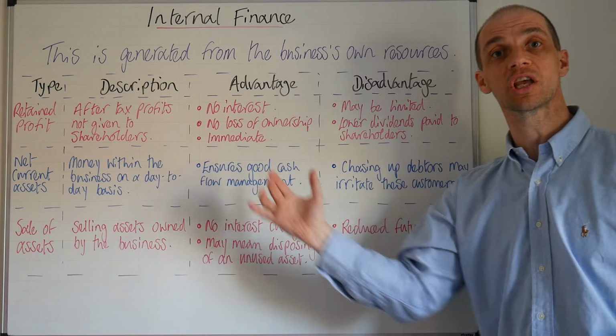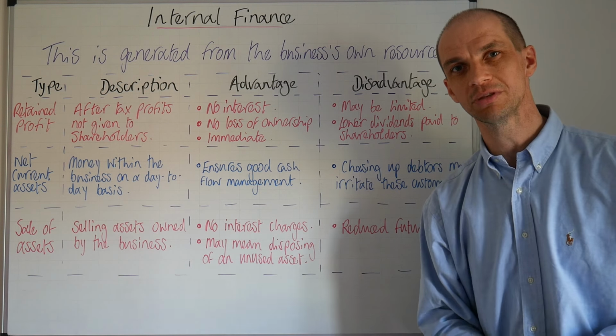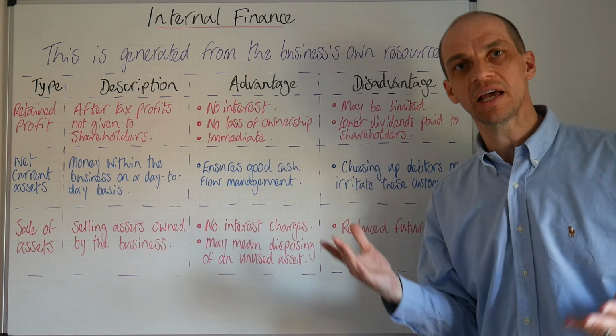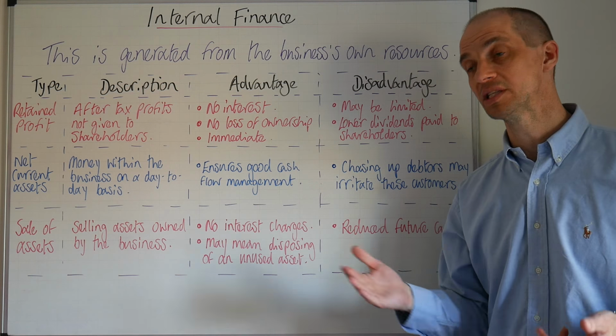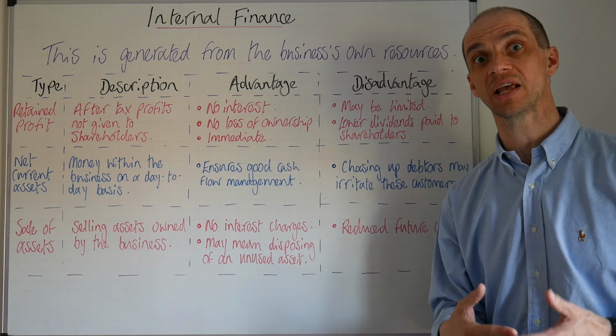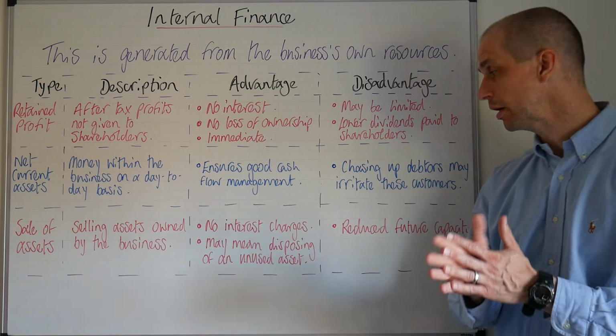In which case you may need to chase down those people to encourage them to pay up a little bit earlier. You need good cash flow management if you intend to use net current assets to finance any sort of expansion plans or capital expenditure.